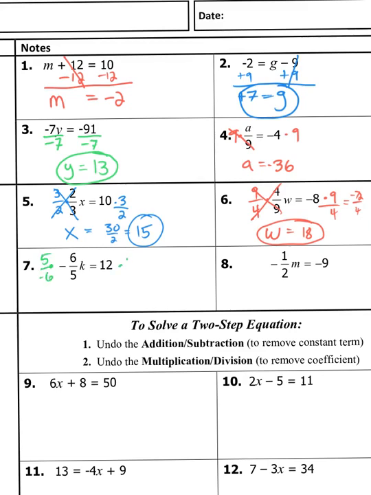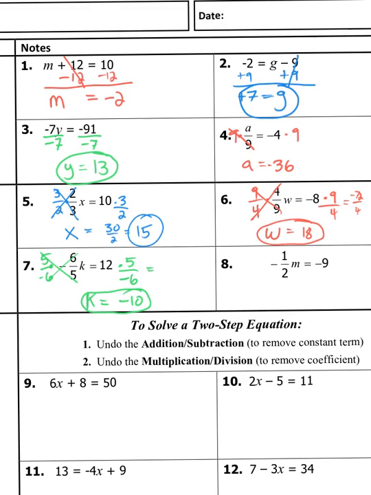So 12 times 5 divided by 6, looks like my k. I put that into the calculator, and I get negative 10. So if I were to put negative 10 back into this, negative 10 times negative 6 over 5 ends up being 12, and we can check that with a calculator.